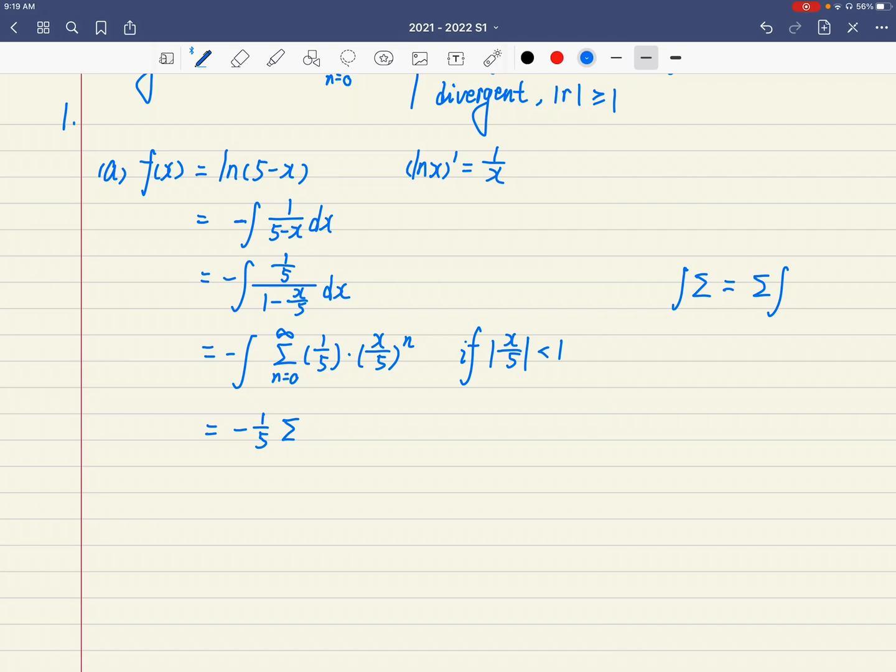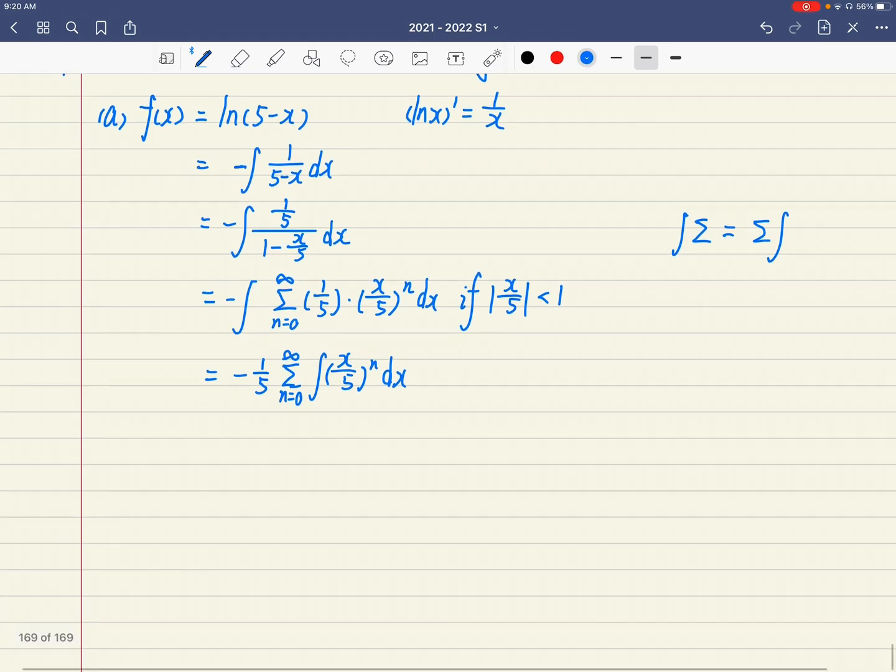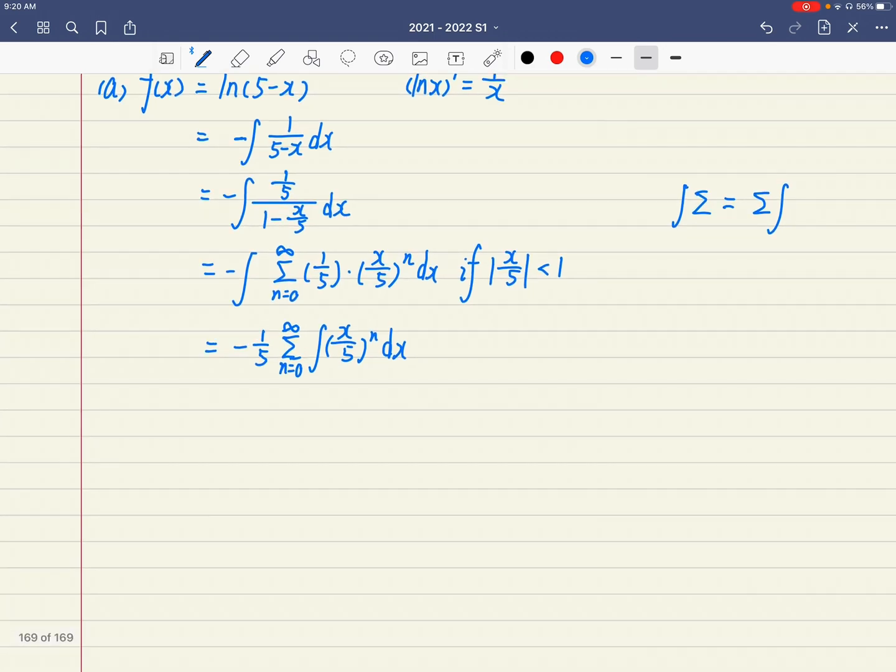So it's negative 1 over 5, these two parts put together, and then you swap the integral with the sum, right? From 0 to infinity, you integrate x over 5 to the power of n. Okay, don't forget it's an integration of x. So actually this 5 to the power of n is also a constant, right?